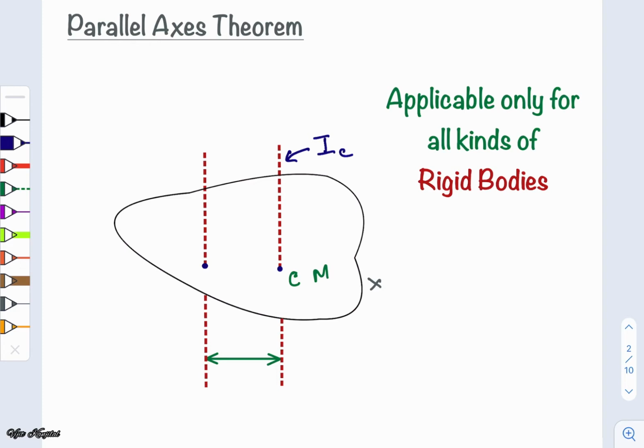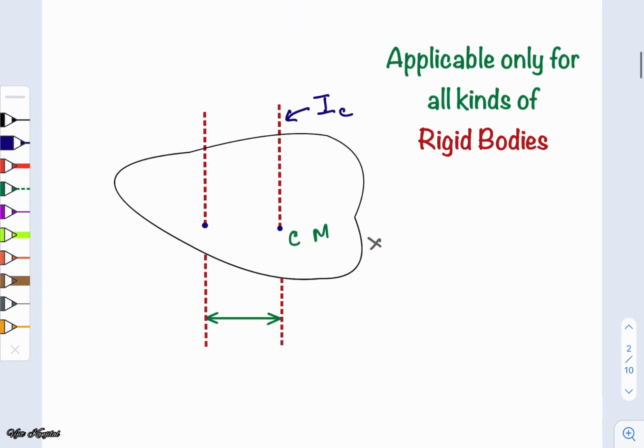Now, we consider another axis of rotation which is parallel to this axis passing through the center of mass, and we assume that the distance between these two axes is d.